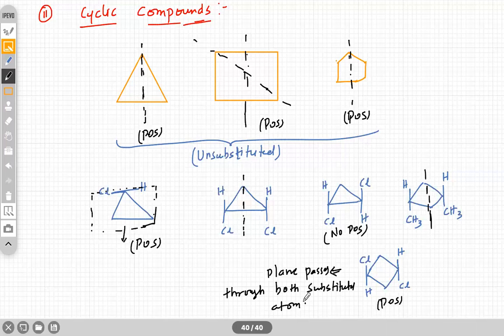Okay, so in this one we have a plane of symmetry. Correct?